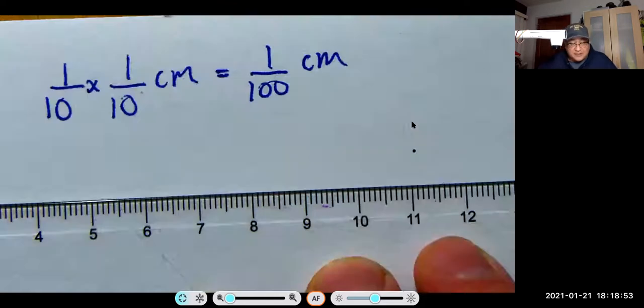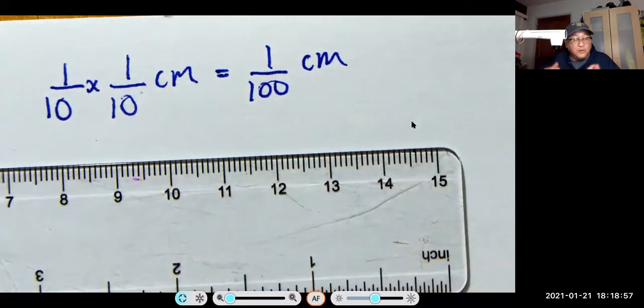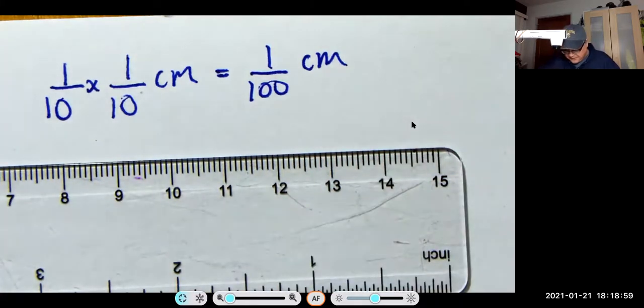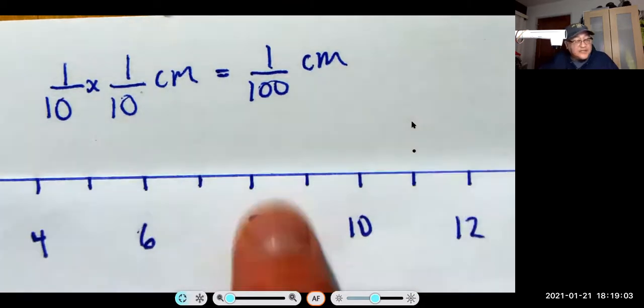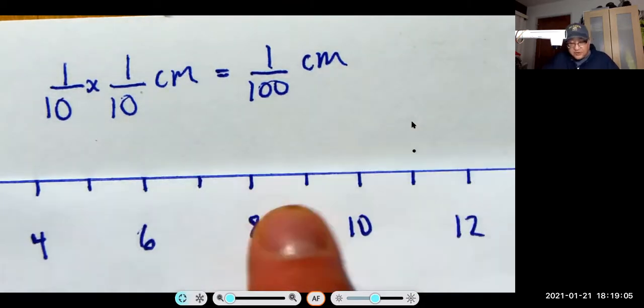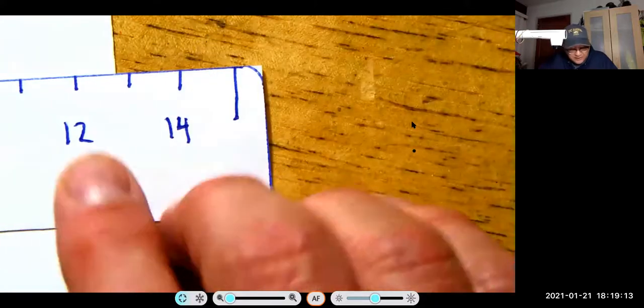It's 1/100th of a centimeter. So this guy, we measure to 100th of a centimeter. We record to 100th of a centimeter. They are the same thing. And for this guy, we measure to 1/10 of a centimeter.